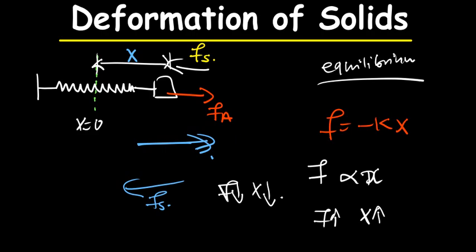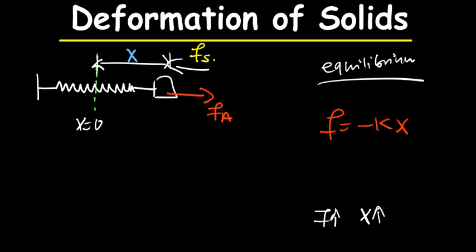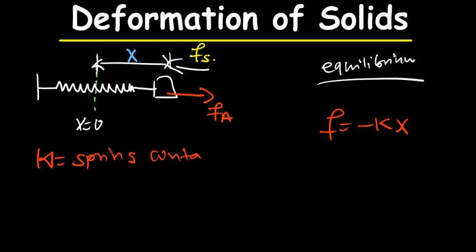So, what does k tell us? We are saying that k is basically the spring constant. But what does it tell us? K tells us how stiff or loose the spring is.